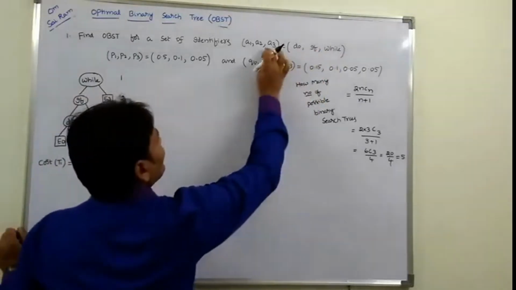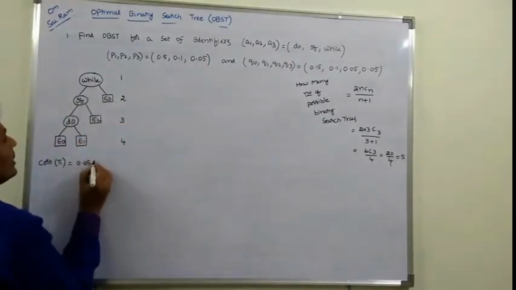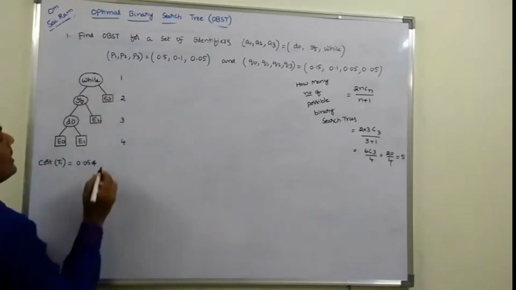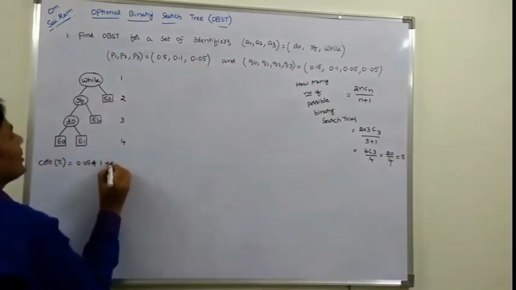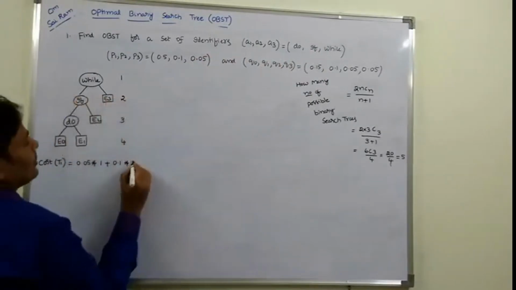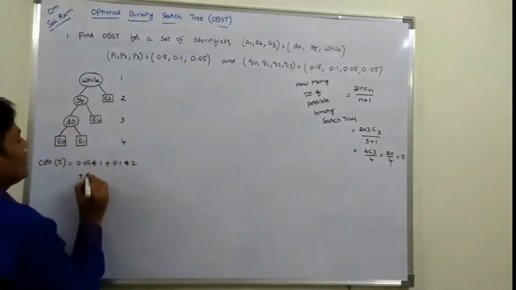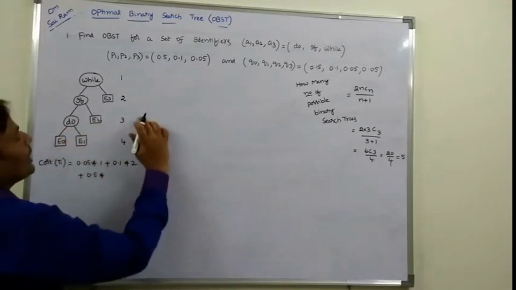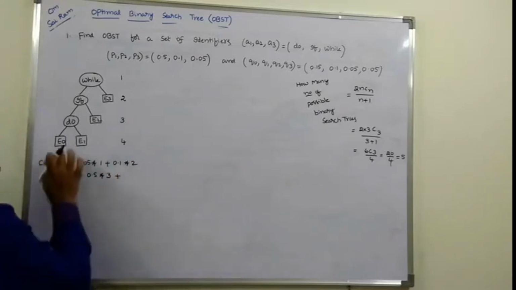First, while belongs to A3, its probability is 0.05. 0.05 is multiplied with the level of the while identifier, which is 1, plus next, if belongs to A2, A2 probability is 0.1, 0.1 into the level of the if identifier, that is 2, plus do belongs to A1, its probability is 0.5, 0.5 is multiplied with the level of the do identifier, which is level 3, so multiplied with 3, plus next the external nodes, E0.